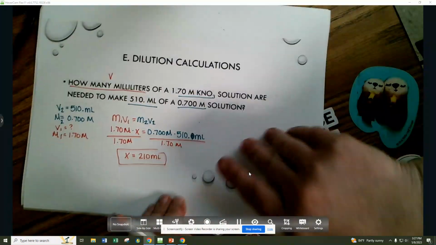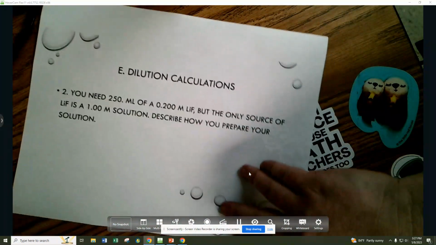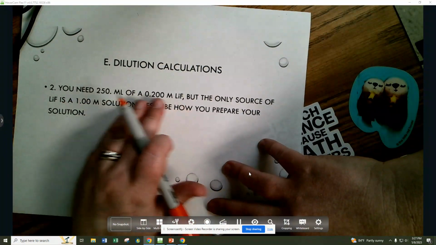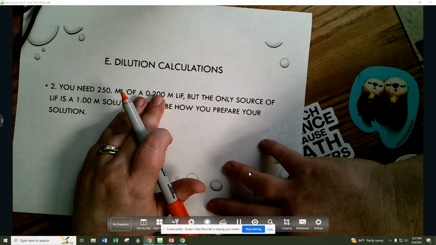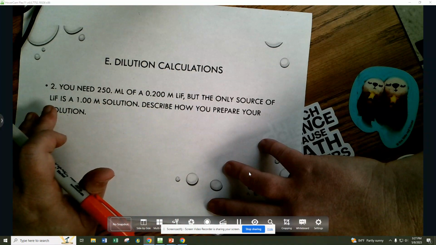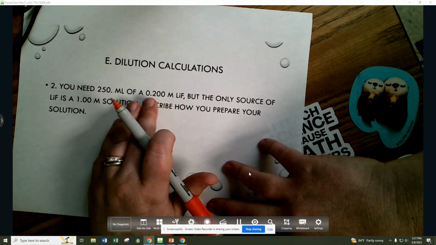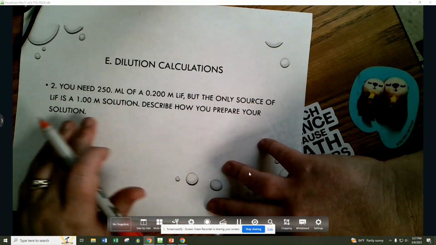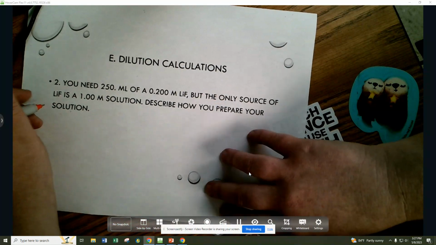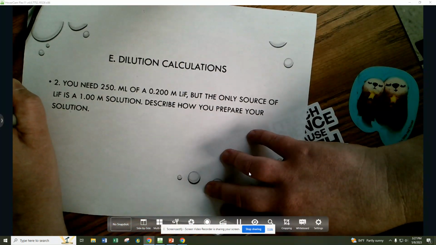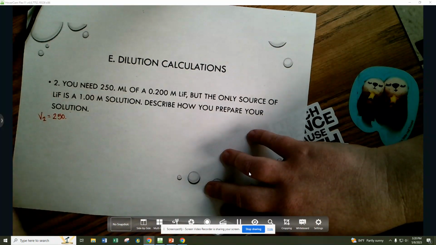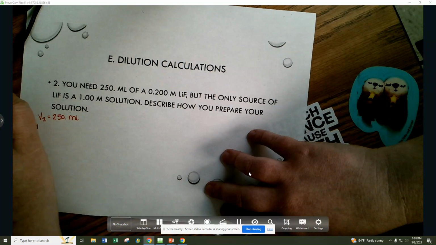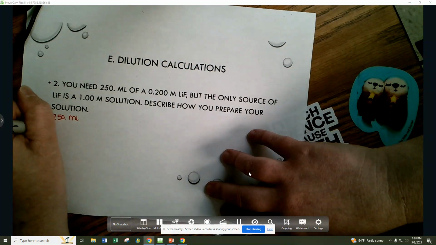Okay, so in example 2, you typically know what you need diluted. You know how much you need and what strength you want. So what it's telling me here is I need 0.2 molar and my source is a 1 molar solution. So my ending conditions, I need 250 milliliters of the dilute, the weak, in this case lithium fluoride, and I want it at a strength of 0.2.